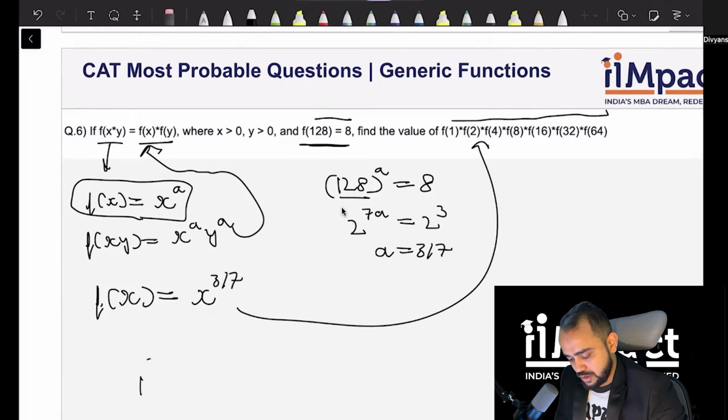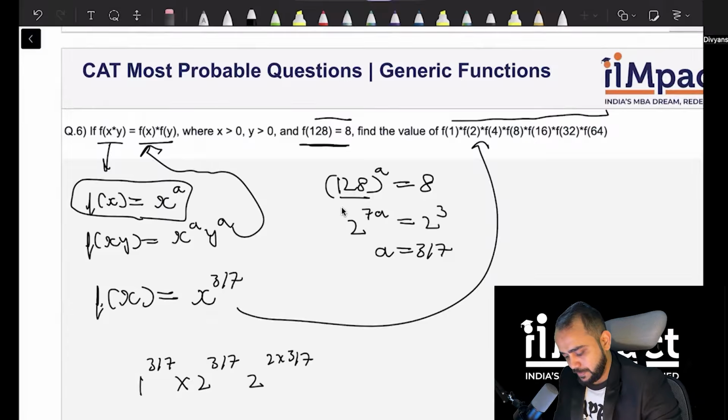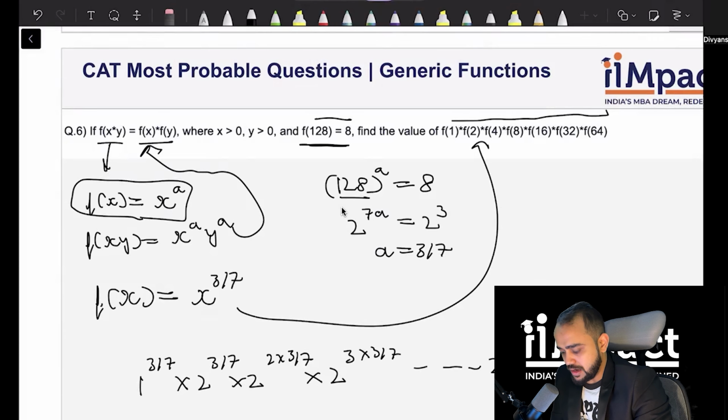So I'll get 1 to the power 3 by 7 into 2 to the power 3 by 7 into 4, which is 2 square, so 2 into 3 by 7, into 2 cube, that is 8, 3 into 3 by 7, till f of 64, which is 2 to the power 6 into 3 by 7. So when I multiply this, I will write the base here and I will have to add the powers.